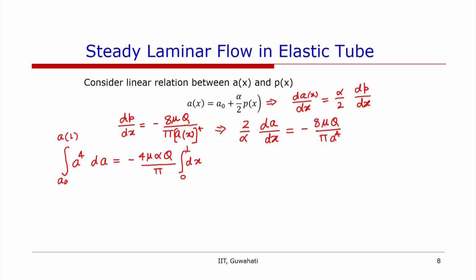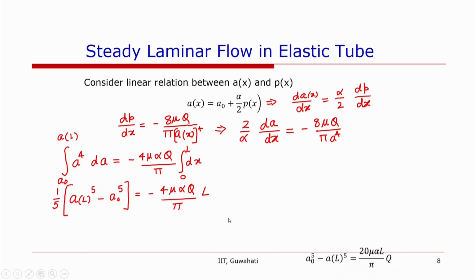So, that will give us A to the power 5 divided by 5. So, we can put that as 1 over 5 AL raised to the power 5 minus A naught raised to the power 5 is equal to minus 4 mu alpha q over pi into L. Okay.